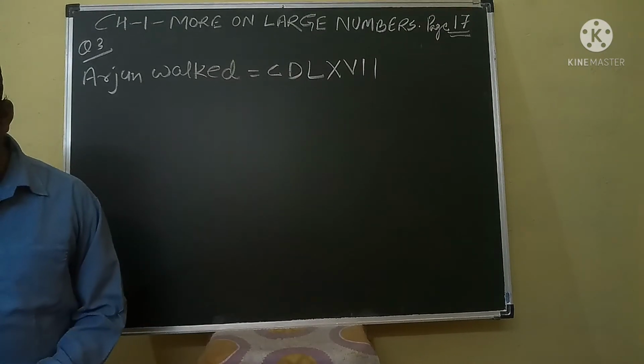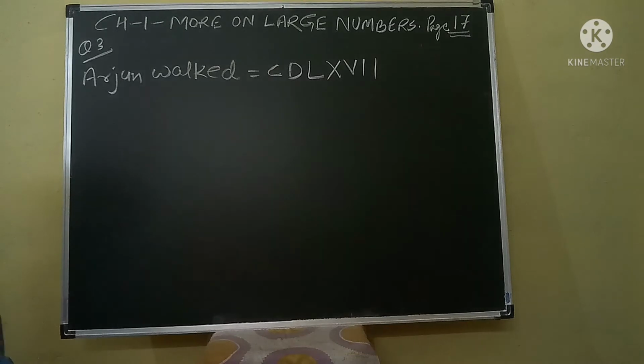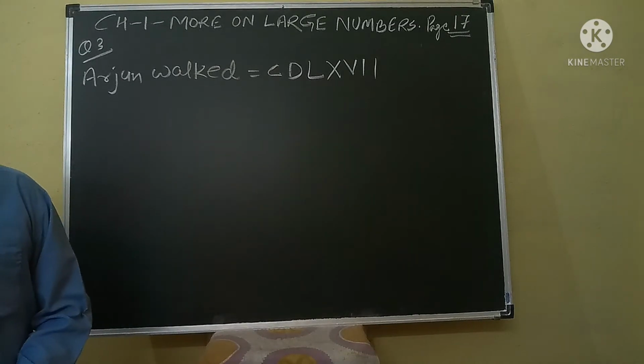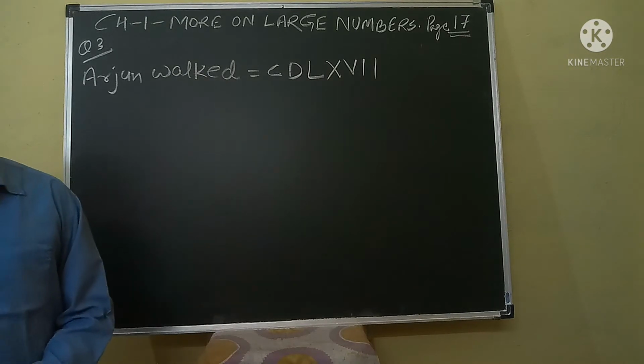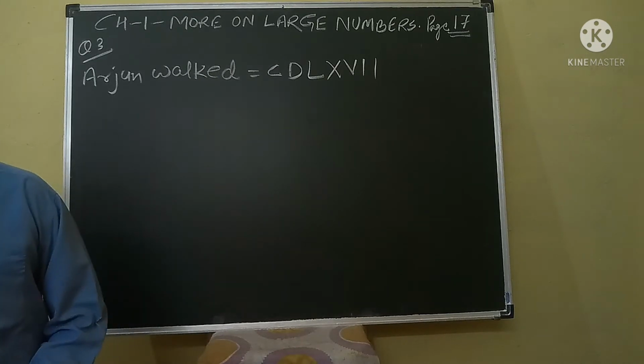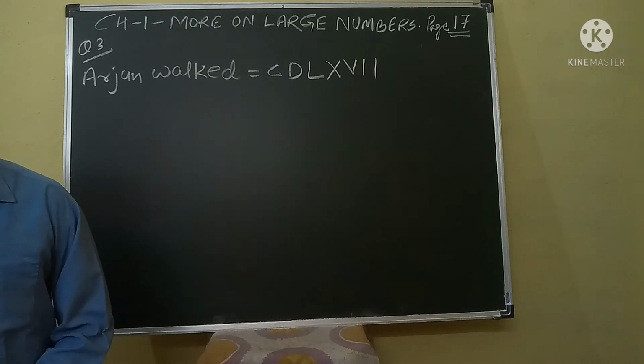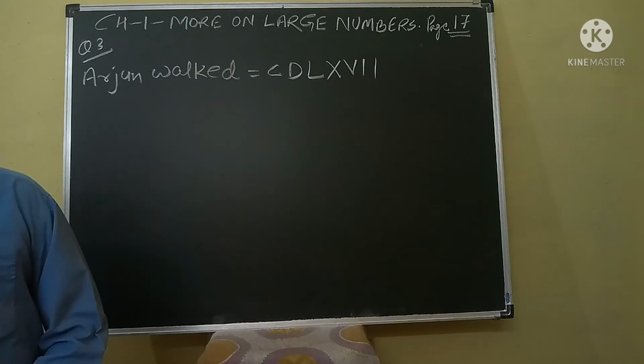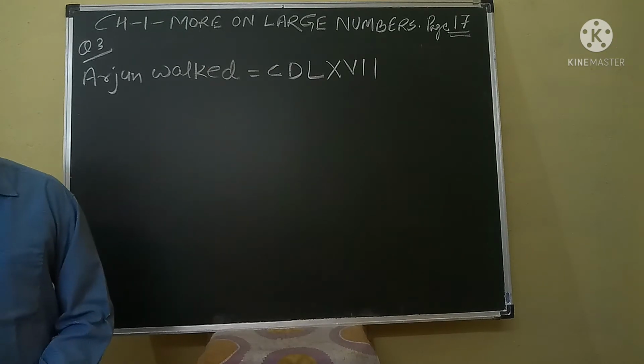Again, your next question, number 3: Arjun walked CDLXVII meters in the playground. Kirti walked CCCLXXV meters.